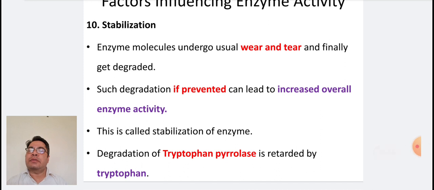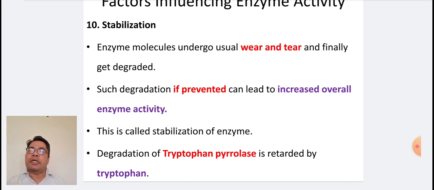Coming to the next factor, stabilization. Enzyme molecules usually undergo wear and tear and finally get degraded. If such degradation is prevented, it can lead to increased overall enzyme activity. This is called stabilization of enzyme.